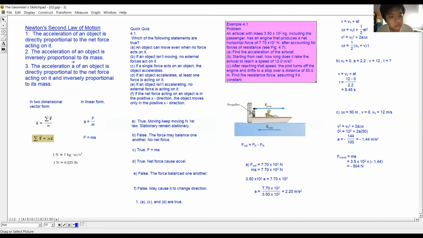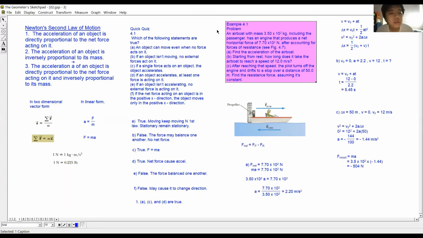Then they tell you about the boat, the propelling force, and the resistance force. So you're supposed to find the net force, because the net force is the one that actually accelerates the object. In this case, it is the boat. So you find the net force, then from there you find the acceleration.